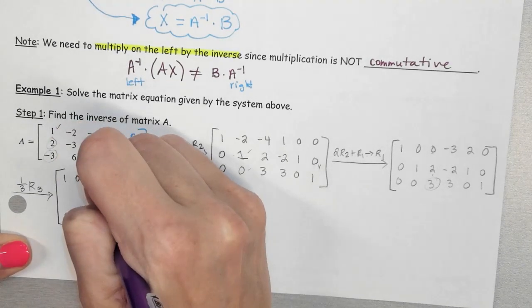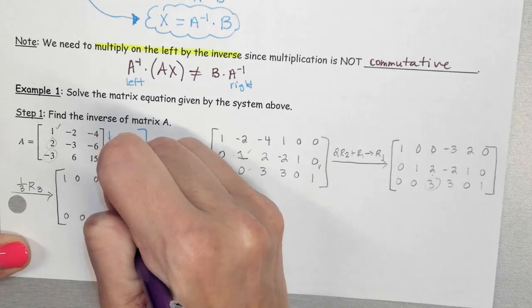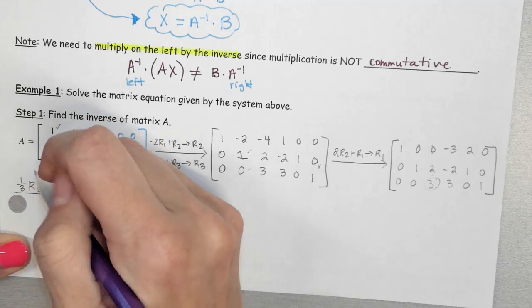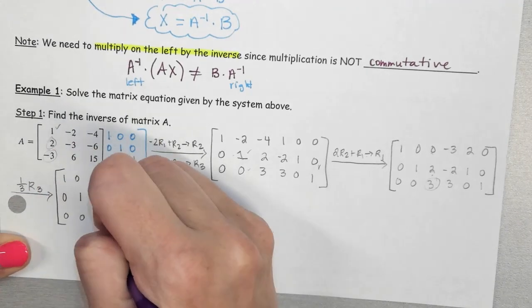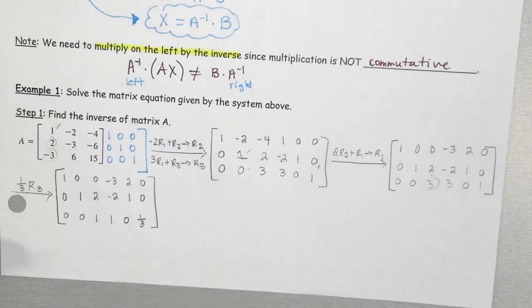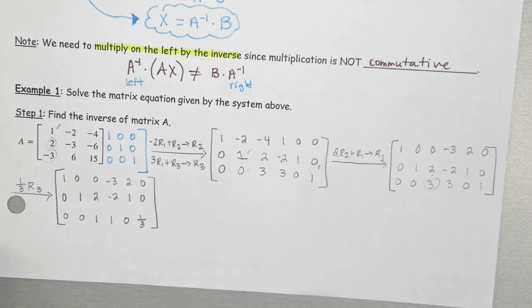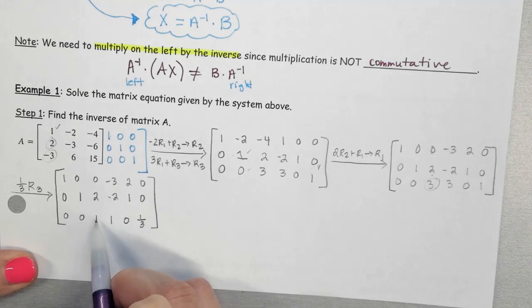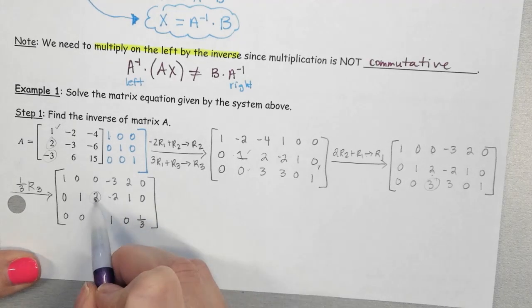Again, I do my best to keep these in an organized column because when I don't, that's when I make small mistakes. So now I have 1, 0, 0, 0, 1, 0, and then 0, 2, 1. Now I have to make this a 0.